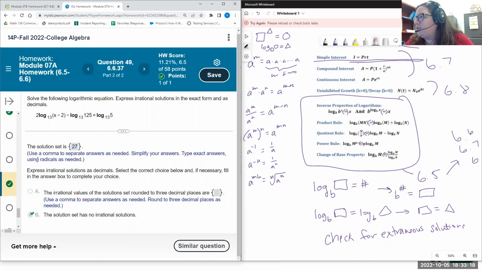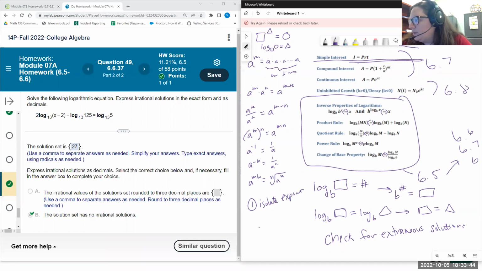So the main thing with exponential equations is you want to isolate the exponent. So anything that's being added to the exponential expression or multiplied or anything, you want to get it to where it's just something to a power equals something.